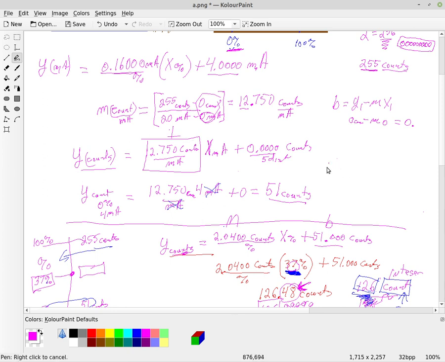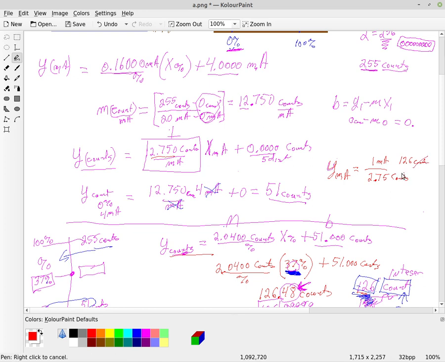So I could say Y in milliamperes, because I knew that I had 126 counts down here, is going to be 1 milliampere divided by 2.75 counts times the 126 counts.